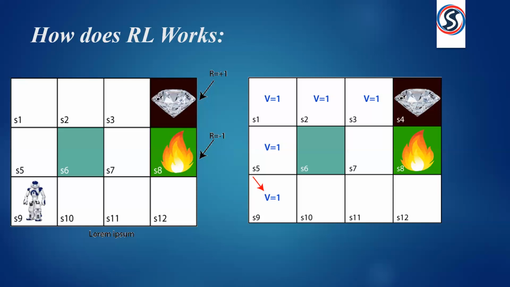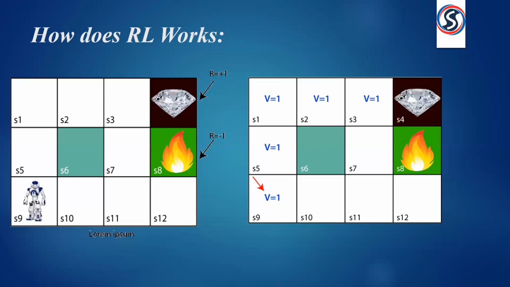The value based approach is about finding the optimal value function, which is the maximum value at a state under any policy. Therefore the agent will expect the long term return at any state under that policy.